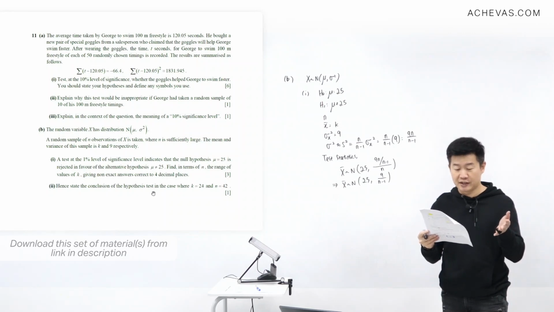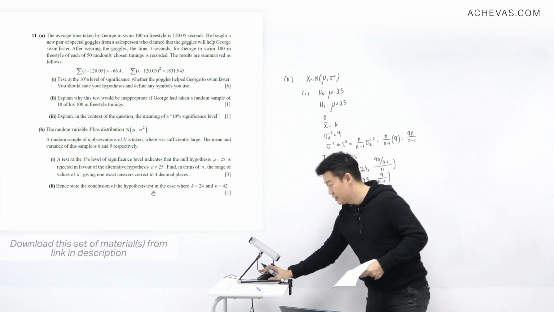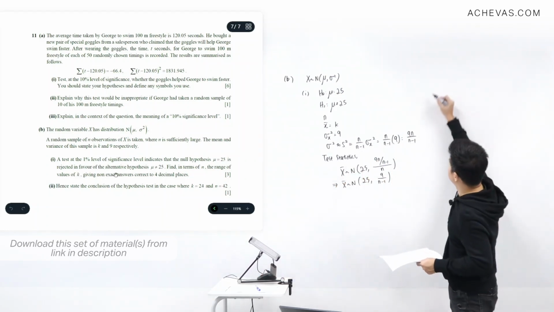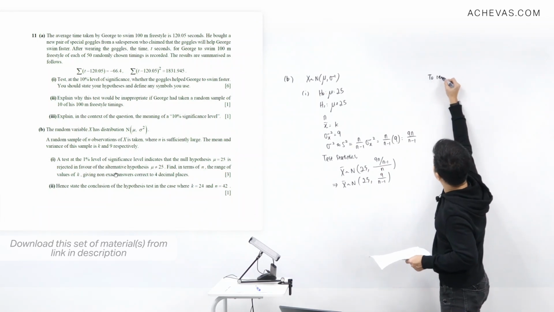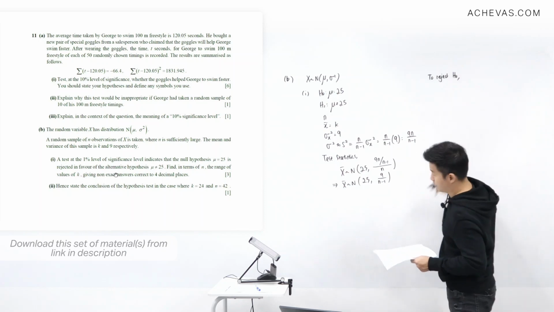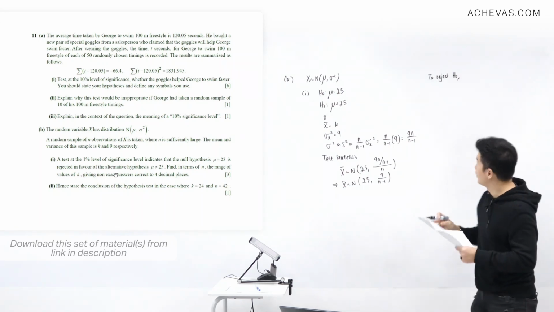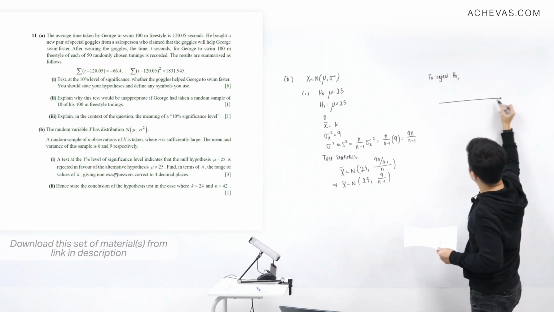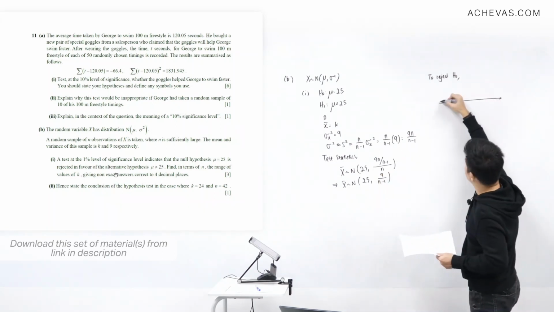H0 is going to be rejected, right? The question says this. The null hypothesis is going to be rejected in favor of the alternative hypothesis. So to reject the null hypothesis, reject H0, what we are talking about is, let us just try to reference it to our test statistics here, okay?